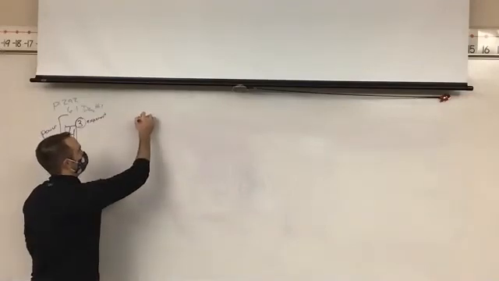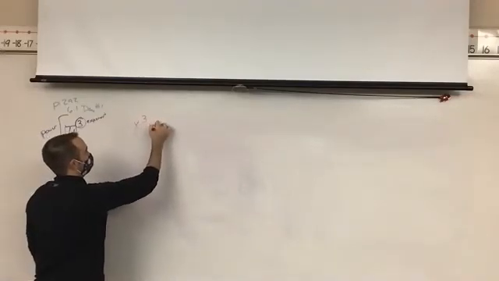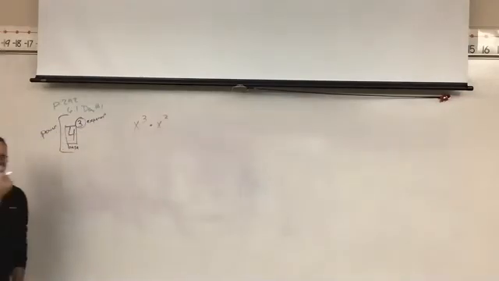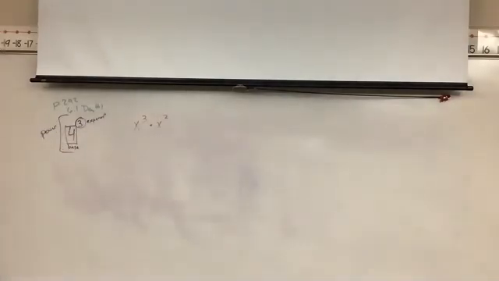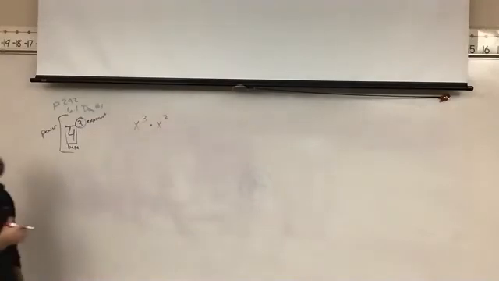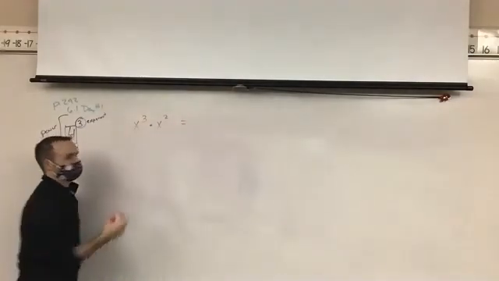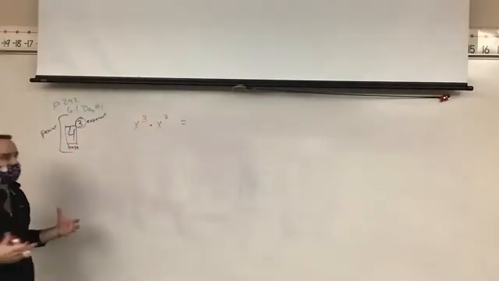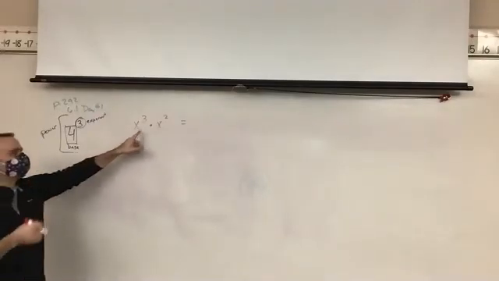So let's say we have x to the 3rd times x squared. We know what these represent, right? X to the 3rd is x times x times x. X squared is x times x. I want to simplify this. When we simplify, I only want 1 of every base.